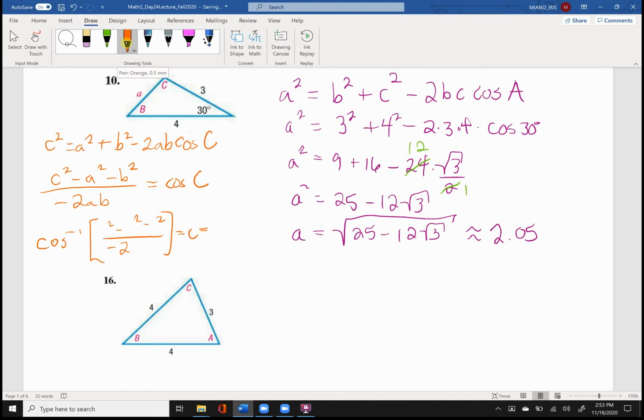Lowercase c is 4, right? So that's 4 squared minus, what was a squared? Oh, yeah, that was this bit right here. So that would just be 25 minus 12 root 3. Wow, okay. Let me give myself some more room there.